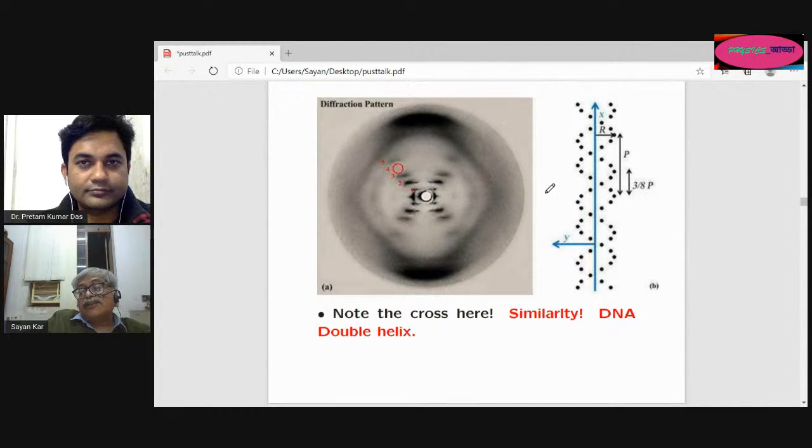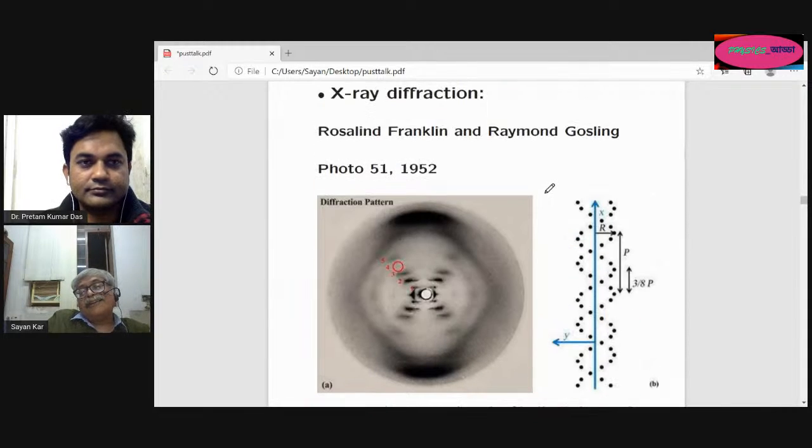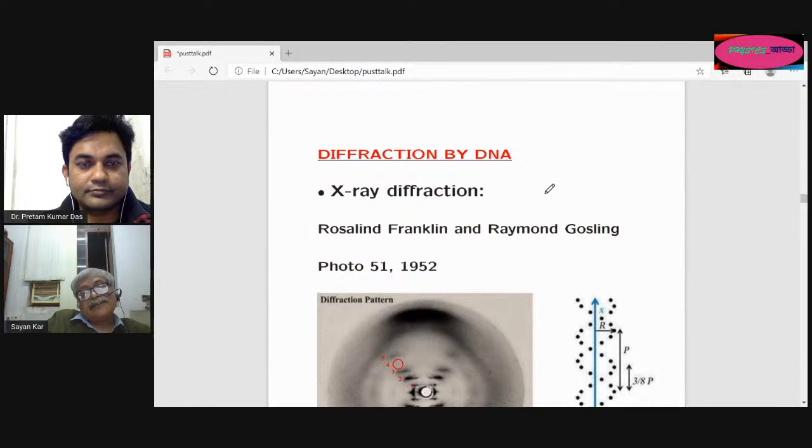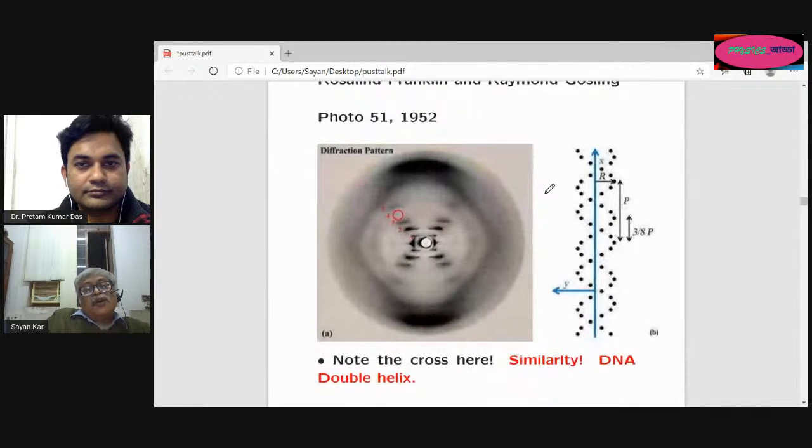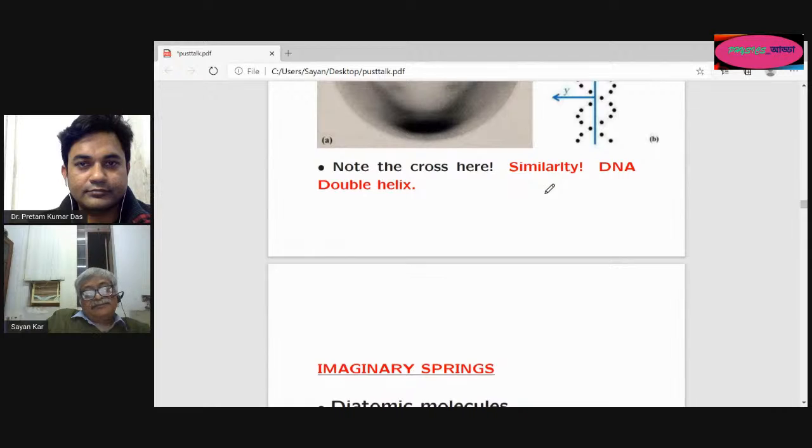And that's because of the geometric structure of the double helix and because of the geometric structure of the spring, which is also helical. Okay, so let me move ahead.